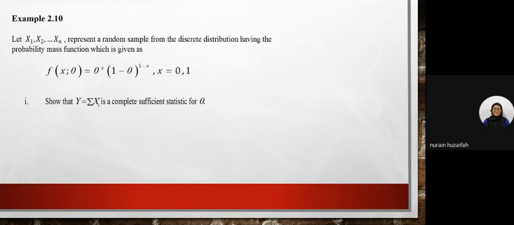Again, first we determine the sufficient statistic, then we show that the family is complete, and the last one, if you want to find uniqueness, show that Y1 is an unbiased estimator of theta. First we find the sufficient statistic using the factorization theorem.